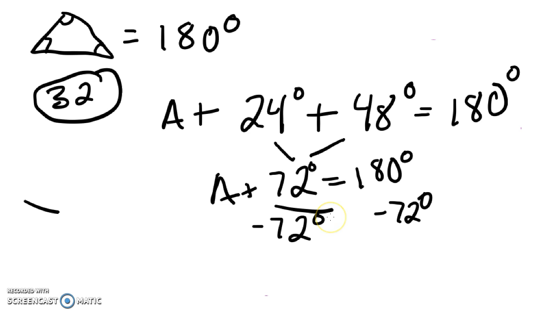Actually, I'm not going to use a calculator. I can just do A equals 108 degrees. So I'll put 2 circles. Okay, so that is the answer, and it's nothing more than just doing some simple addition, but now knowing the reason why you did addition, this angle plus this angle plus this angle equals 180.